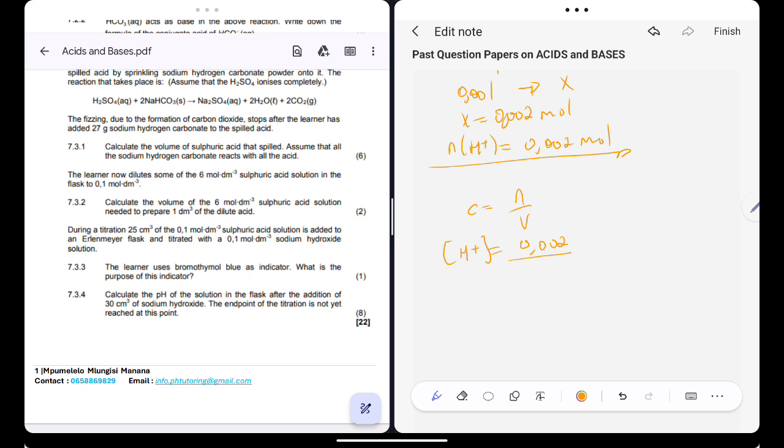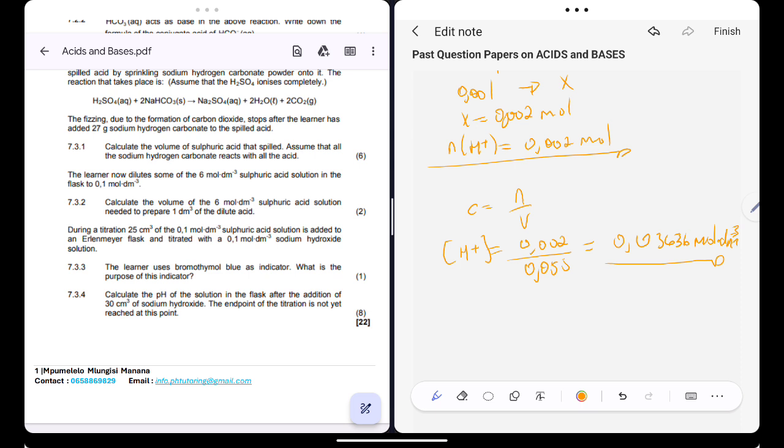I'll say 30 cubic centimeters plus 25. I'll get 55 cubic centimeters, which is 0.055 cubic decimeters. This will give me 0.002 divided by 0.055. This will give me 0.03636 mole per cubic decimeter. This is the concentration of my hydronium ion.